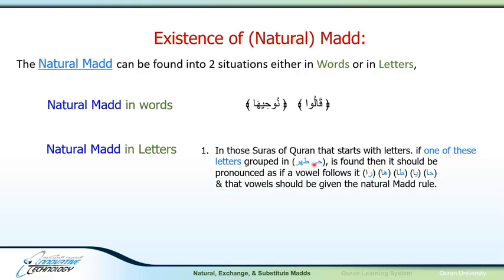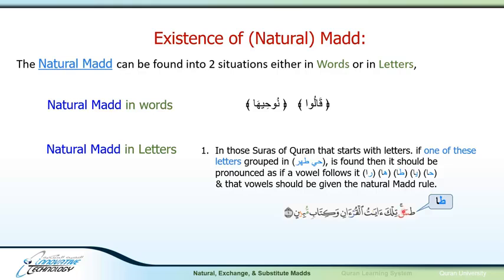So any of those letters would add an a vowel, and we're going to extend it for 2 units as a natural med. The example is in tasin. Now, if we look at the ta here, the ta is pronounced as if there is an a after it. Ta. Then we have the sin.